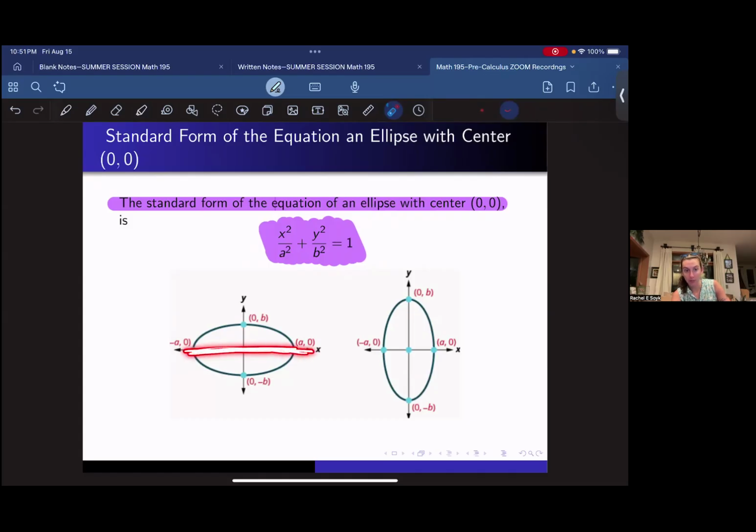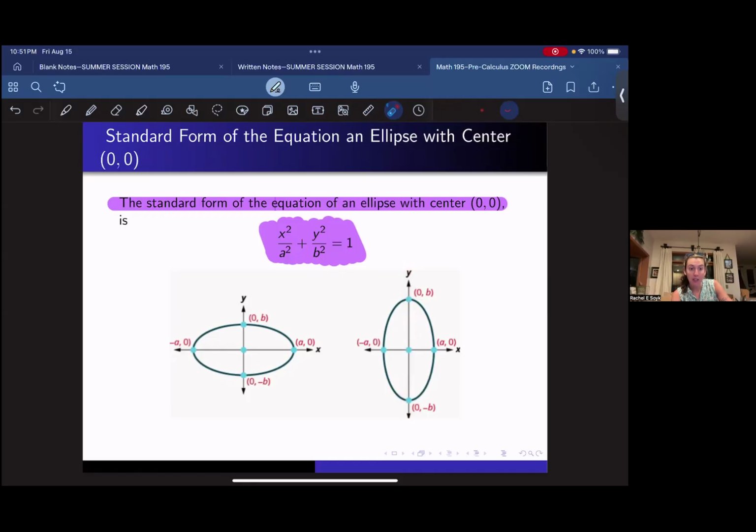horizontally. If it's stemming from the origin, it's representing that distance on your x-axis, whereas your b is representing your distance vertically. And again, if we have that center point stemming from the origin, we're just solely looking at that y-axis.